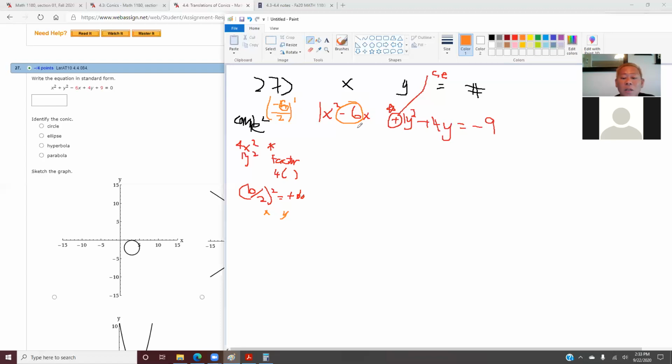This gives me +9, because 6 divided by 2 is 3, squared is 9, and I have to add 9 on both sides. And you have to do the same thing on the y side, but the middle term is not -6, it's 4. So you take 4 divided by 2 and you square it. So this is also 4. So you add the 4 to both sides. You actually have to do it twice, one for the x, one for the y.